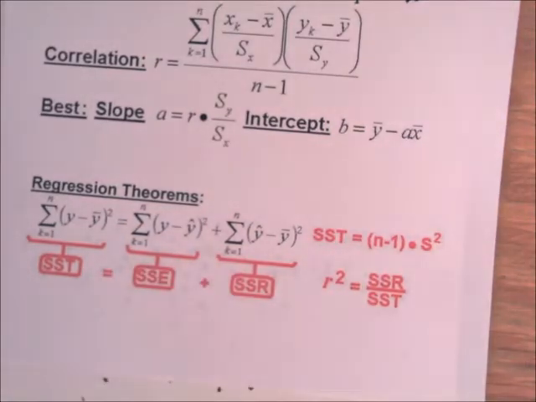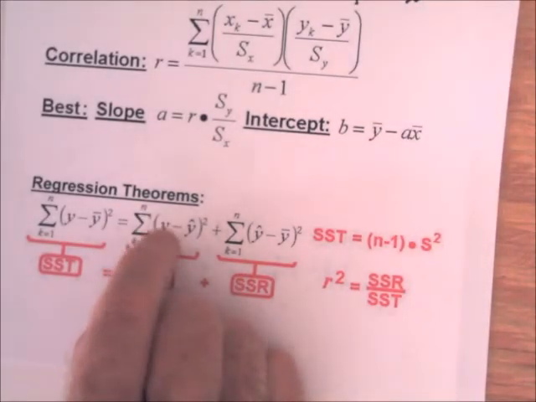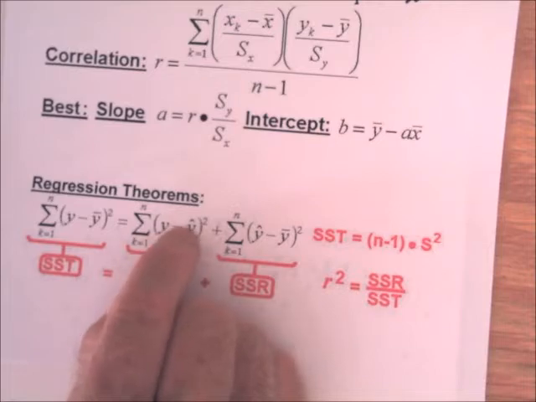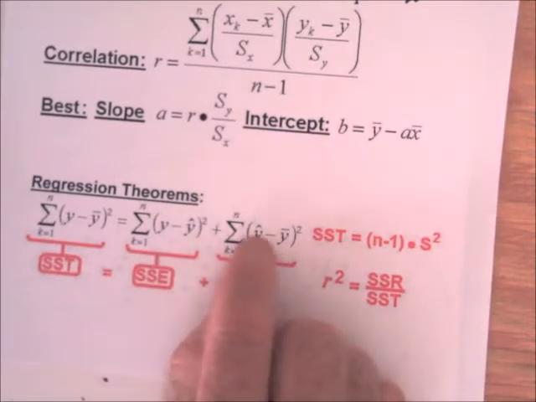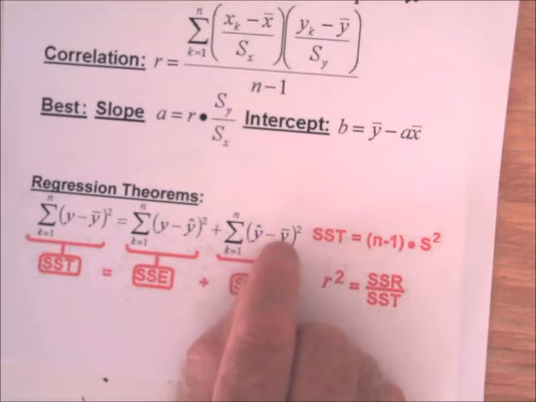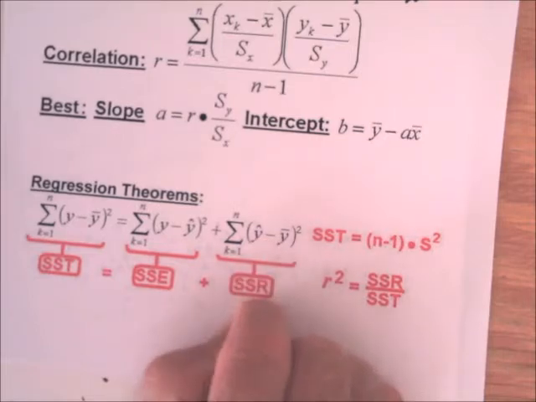One piece is the sum of the squared errors, or the sum of squared residuals, and the other piece is the predicted value minus the mean, squared.